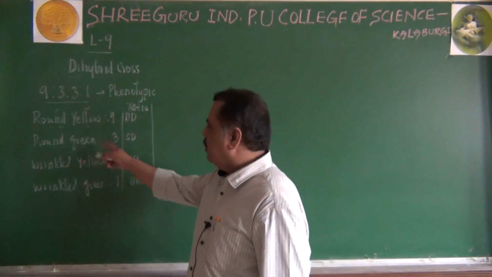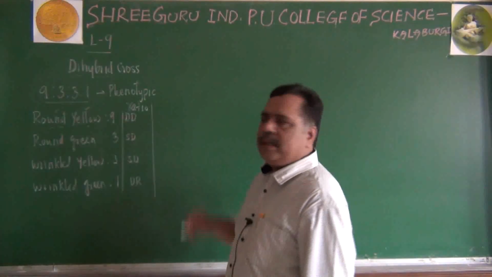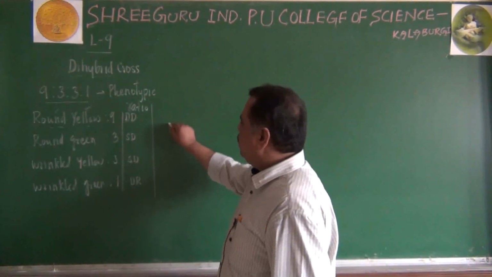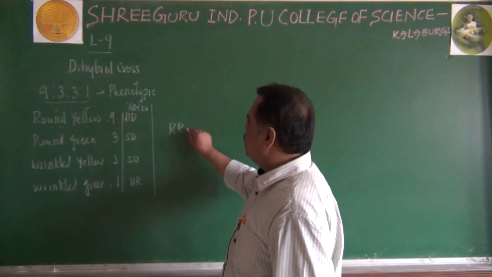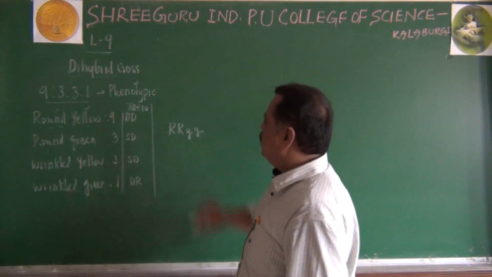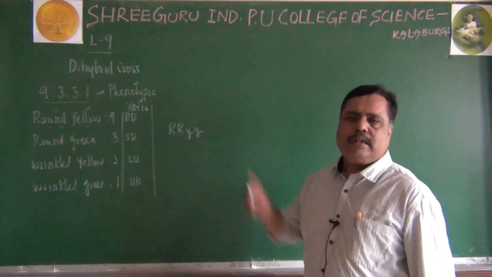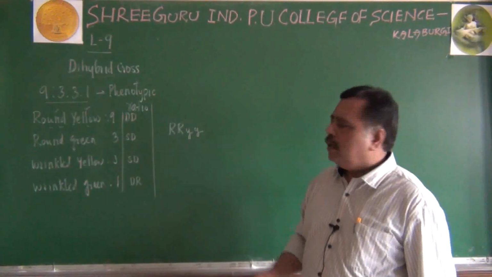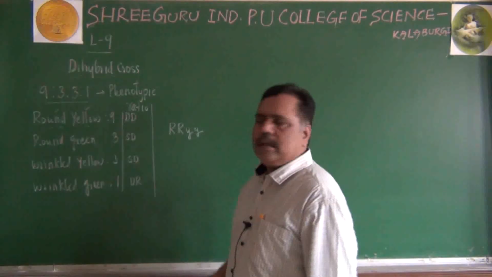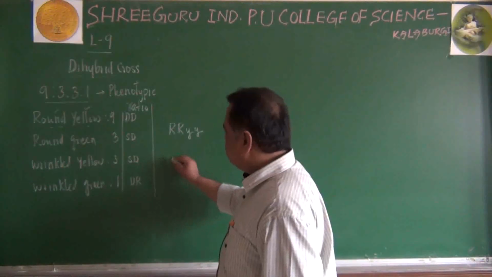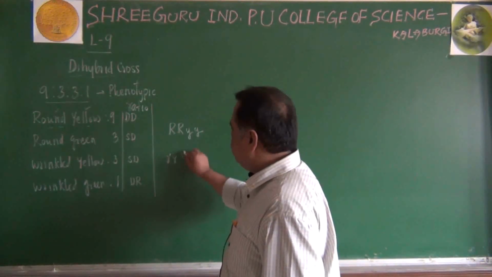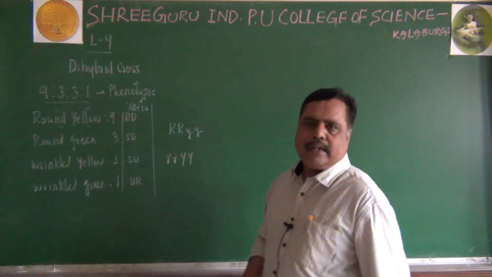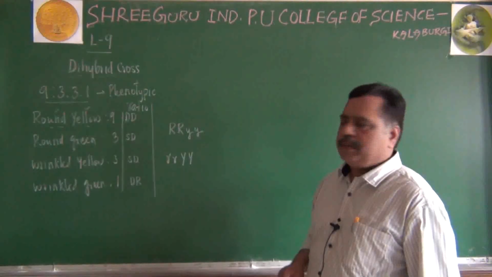For example, if we want to get a round green character, there will be capital R, small y, and only then it will become a single dominant round green. If we want to get a wrinkled yellow, there must be small r, capital Y. Like that we can get some gametes, some offspring.